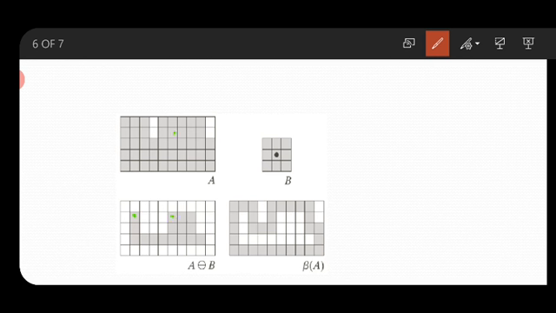This pixel will be retained, this will be retained, this will be retained, and this center pixel will be retained. In the same way when you drag it on, this will be retained, this will get erased. Now this is erased, this will be erased, this will be retained. This will be retained, and all others will be erased.